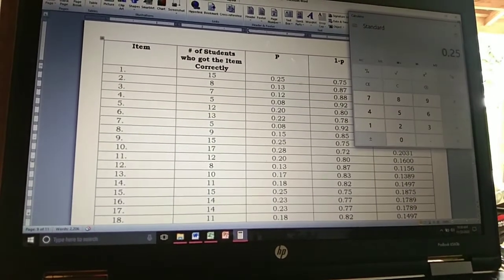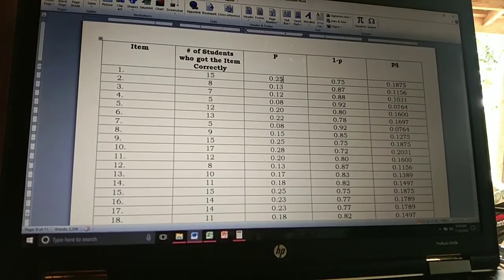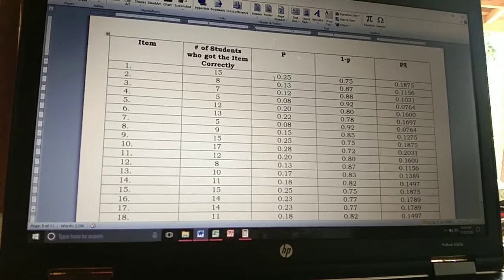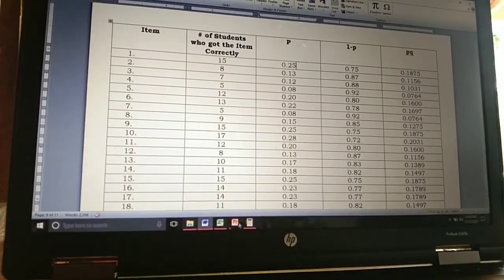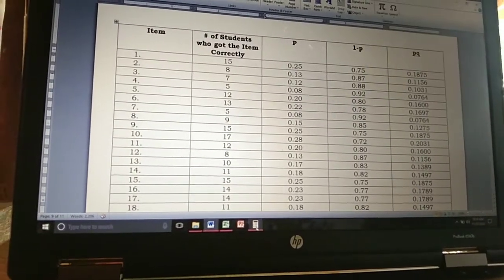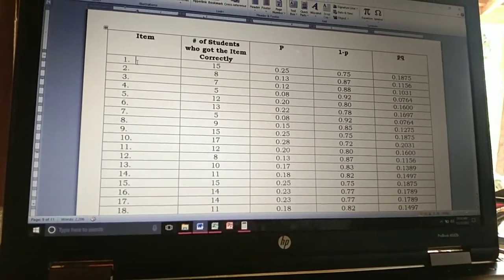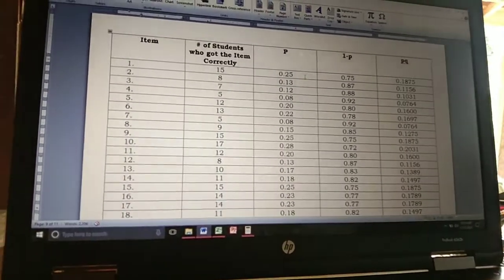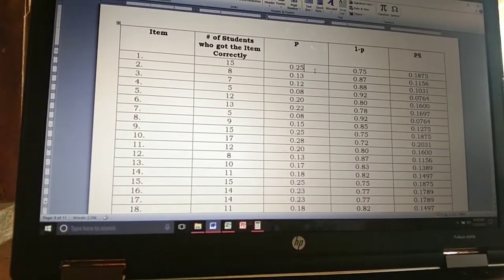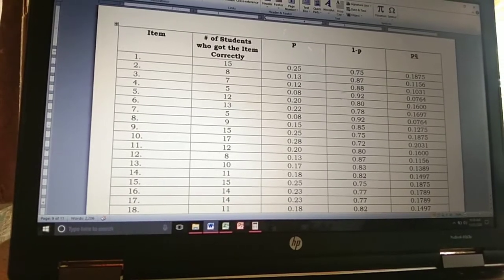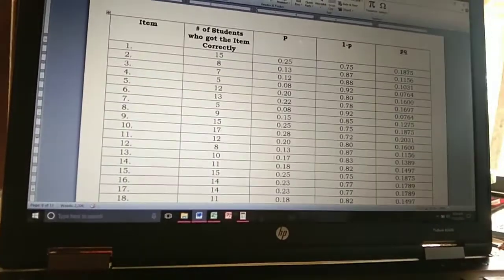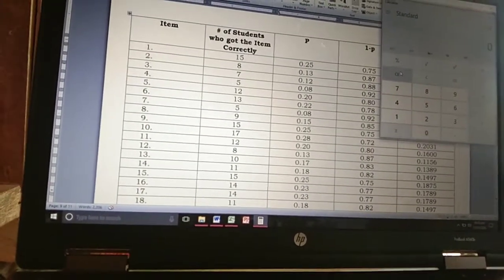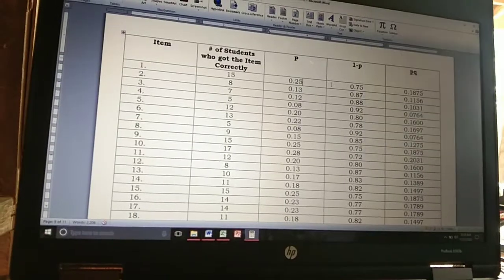So we have here the 0.25 para ma-determine ninyo kung ilan yung students, ay proportion ng student na nakatama sa item. So sa item 1 we have 15, so may nakatama na 0.25 as proportion, and yung 0.75 ay hindi nakatama. So by doing that, 1 minus 0.25. So 0.75 yung dito.